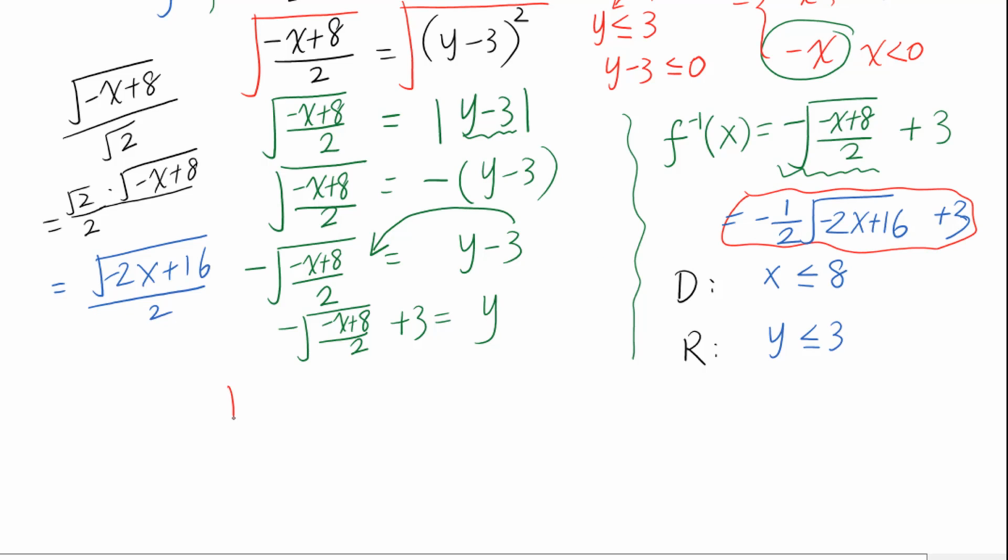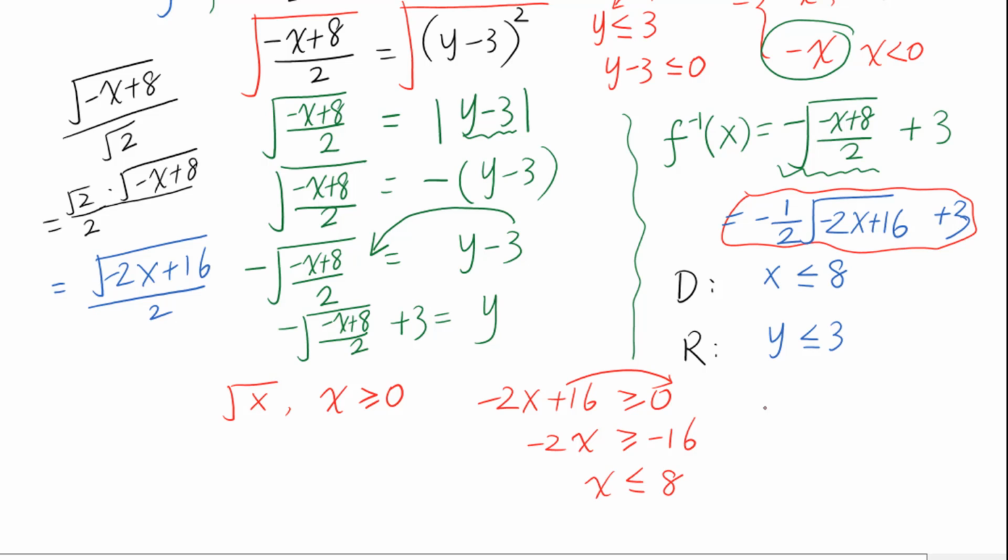We do know for the square root of x, the domain requires the radicand to be greater than or equal to 0. Therefore, for this inverse function, we set up negative 2x plus 16 greater than or equal to 0. Cross the river, change sign, negative 2x greater than or equal to negative 16, divided by negative 2, x less than or equal to 8. So you get the same answer.